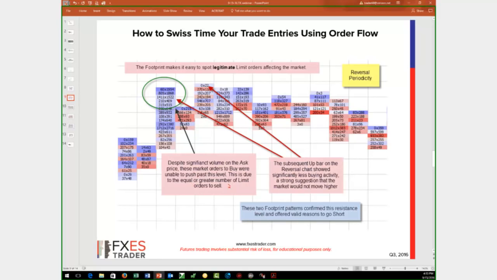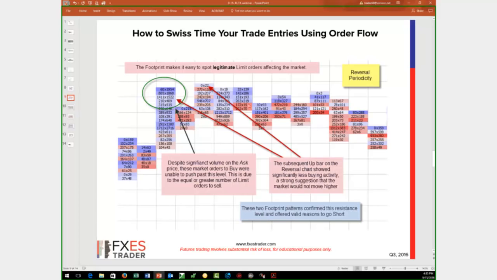This could be due to a greater number of limit orders to sell, and you got a little bit of a chance to see that looking at this footprint here. Subsequent up bars showed very little volume coming off, as we saw towards the end of today, very little volume executing, with big sell side imbalances capping the tops of most of these bars today. I'll show you that live.